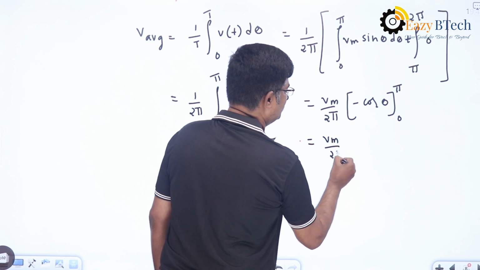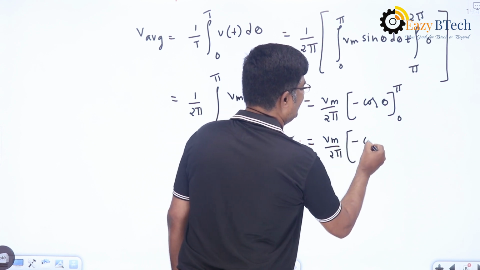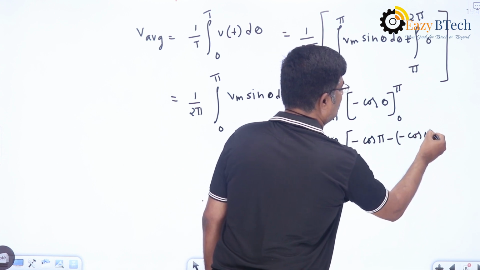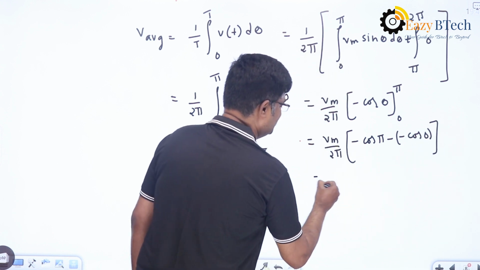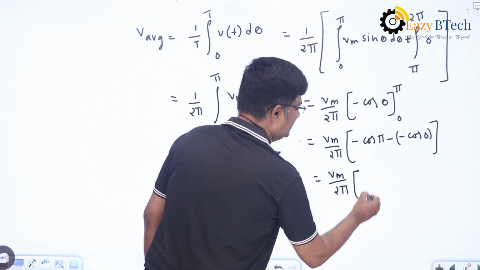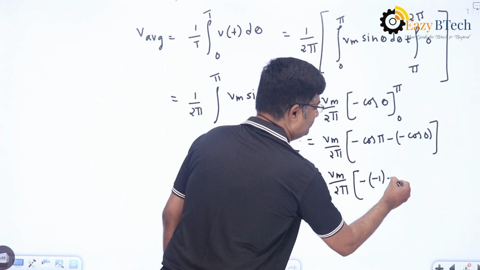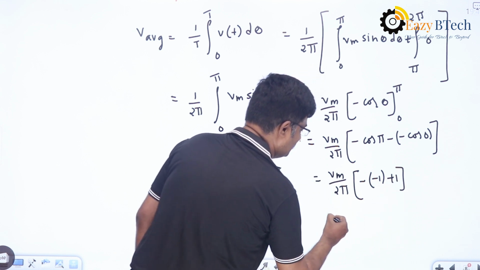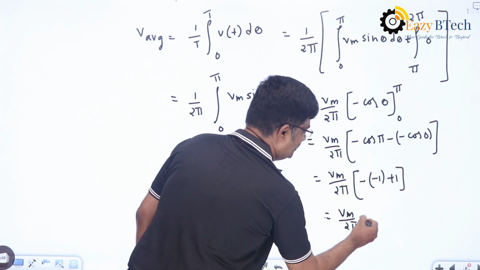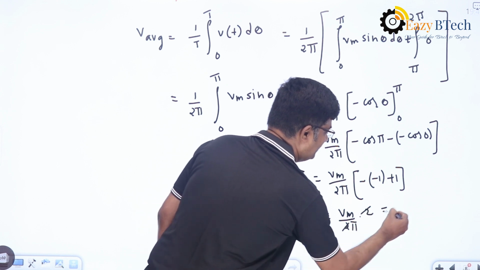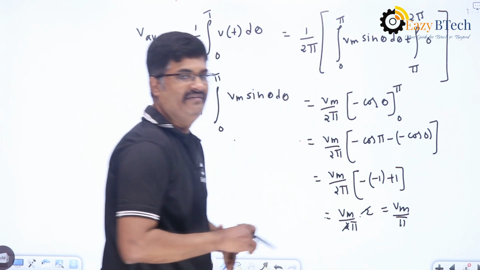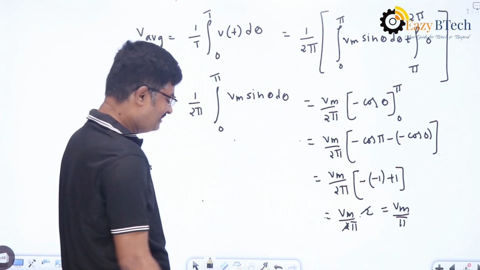Vm by 2 pi into minus cos pi minus of minus cos 0, as I said previously also, which is equal to Vm by 2 pi. Here minus of minus 1 plus 1, which is equal to Vm by 2 pi into 2. So 2 will cancel. I am getting Vm by pi. So here the average value is equal to Vm by pi.